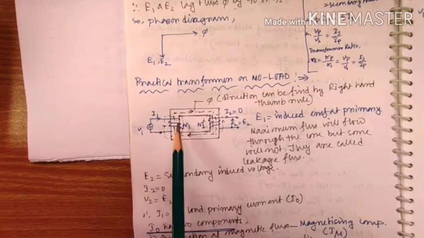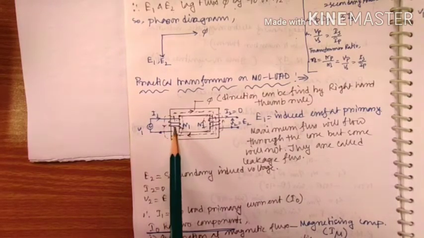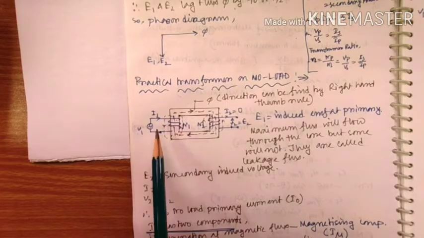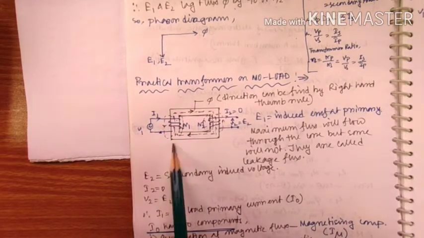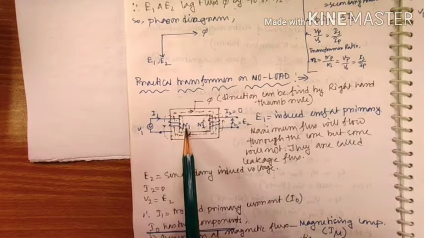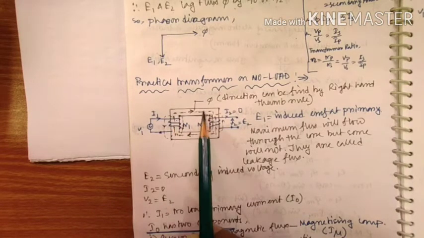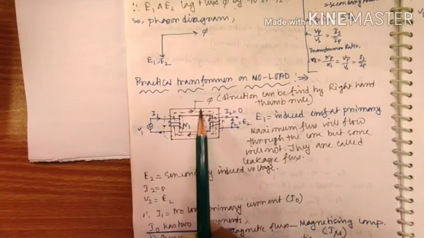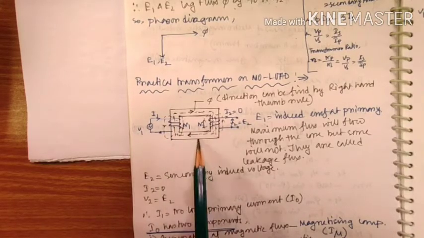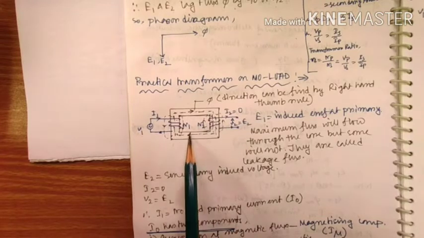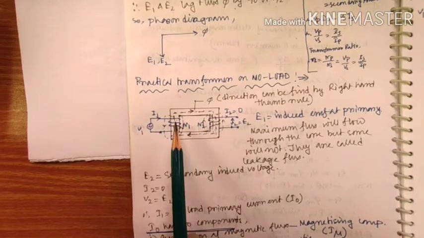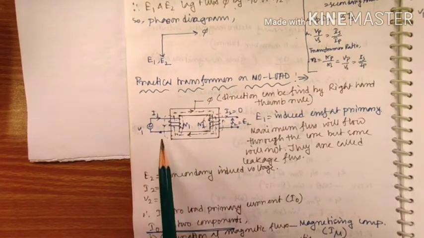So whenever current is flowing through this coil, it will create some magnetic flux lines. Now, some of the magnetic flux lines should flow through this magnetic material, because we know the reluctance of this path is minimum with respect to the reluctance of the free space.